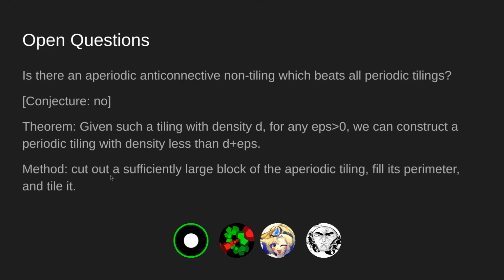The basic idea is that you just cut out a big block of the aperiodic pattern, fill its perimeter, and as the block gets very large, the perimeter is vanishingly small compared to the area of the whole block, and then you just tile that. Yeah, exactly. Same as what Violeta said in the chat.